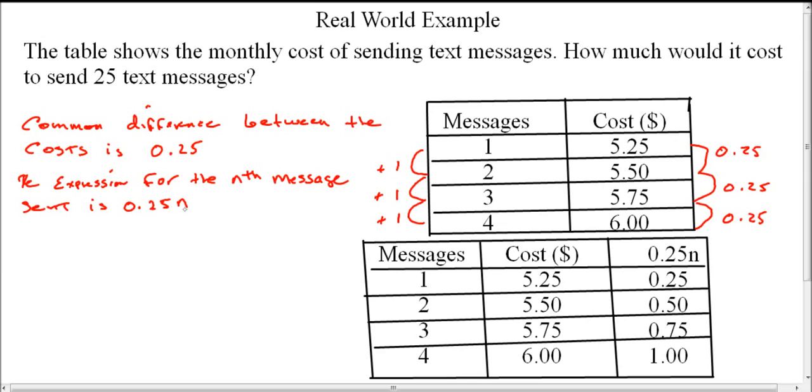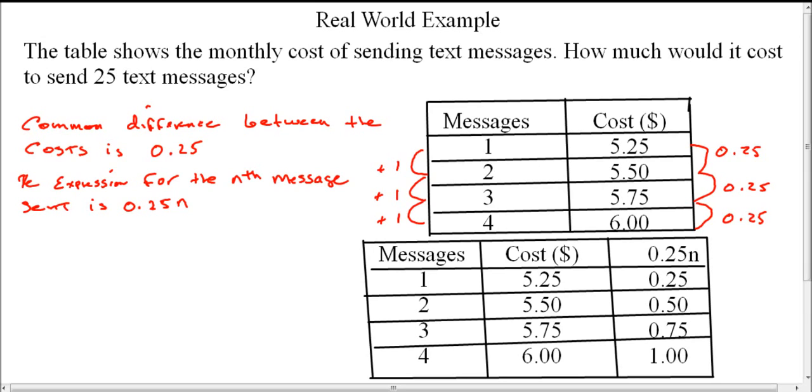All right, now that's that common one. So we can compare each cost to the value of 0.25n for each message. So that means however many messages we send, we definitely know it is going up by 25 cents.